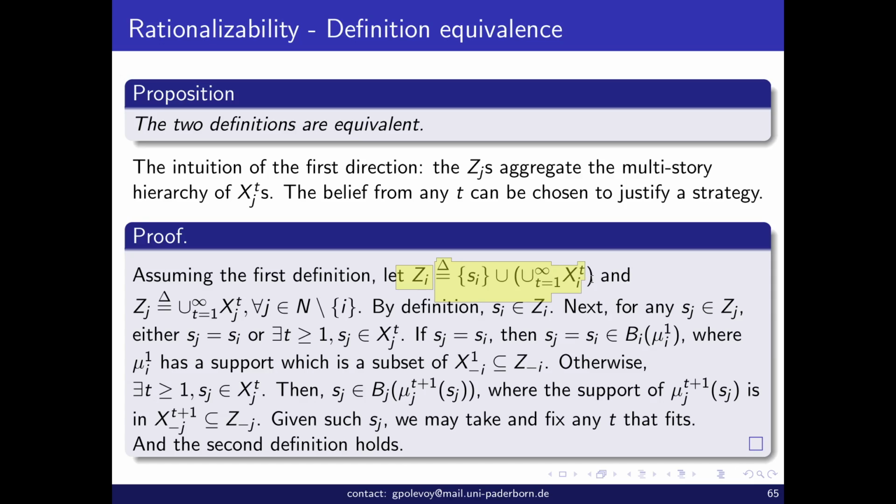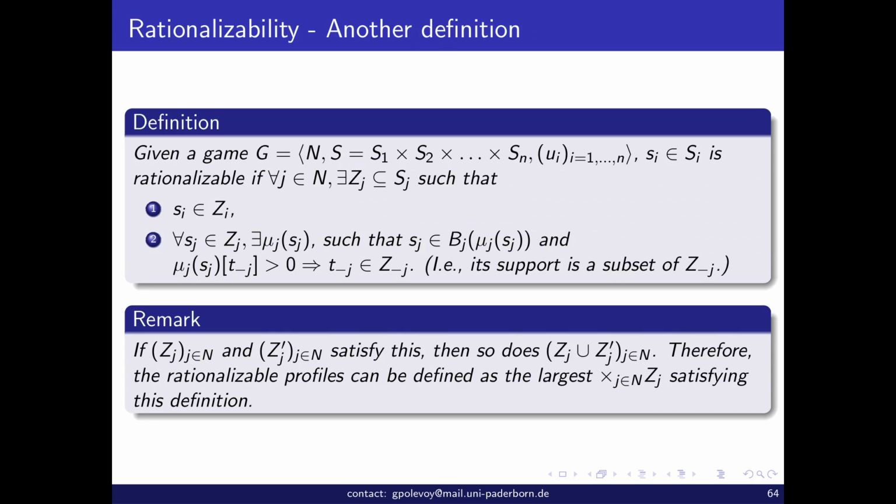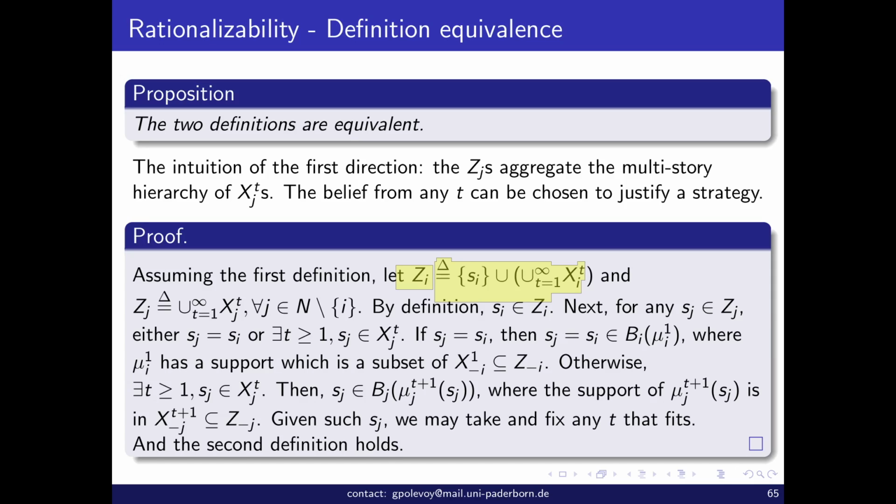Basically it's the union of all those plus Si, what we are calling rationalizable. And Zj for any other j, we just unite the Xjt's for any t from 1 to infinity.